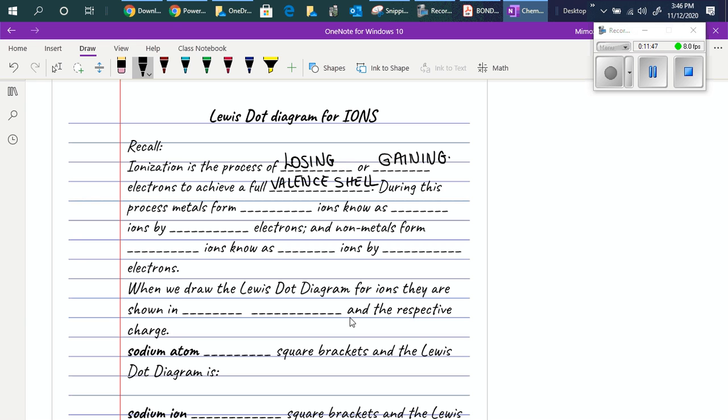During this process, metals are giving up electrons, and in this case they become positively charged because the number of protons is greater than the number of electrons, and non-metals are receiving electrons, so they become negatively charged.